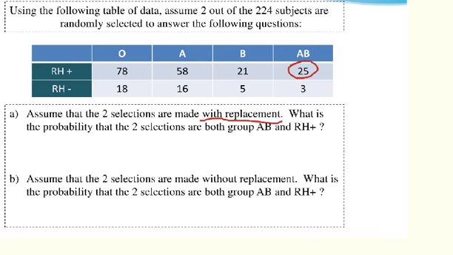So since we're able to treat them as independent, we can say the probability of A and B occurring, where A would be the event we pick somebody in this category, and B is the event that we pick somebody in this category. The probability of A and B occurring, since they're independent events, is the same thing as calculating the probability that A occurs times the probability that B occurs.